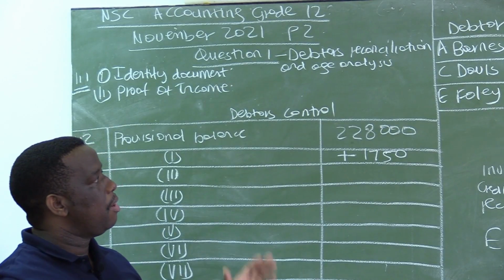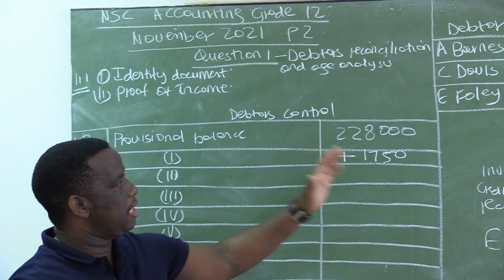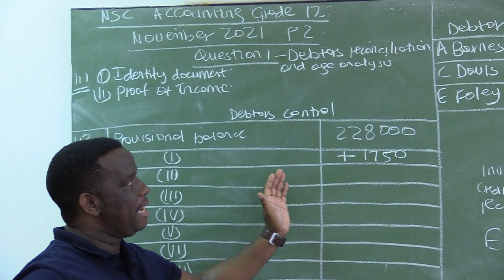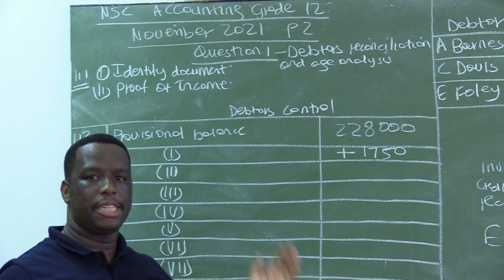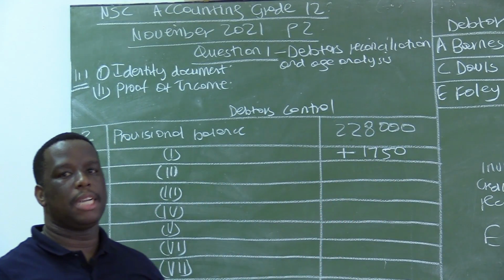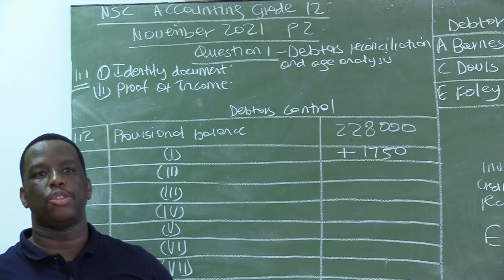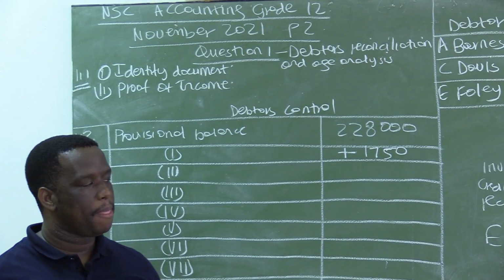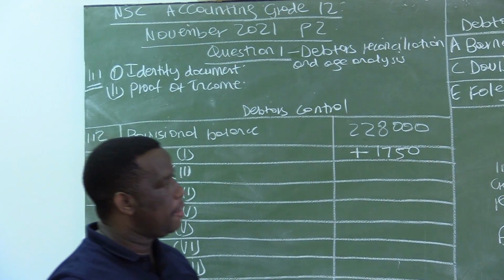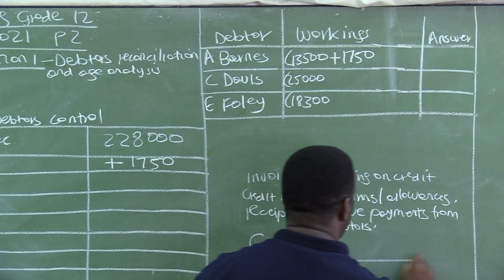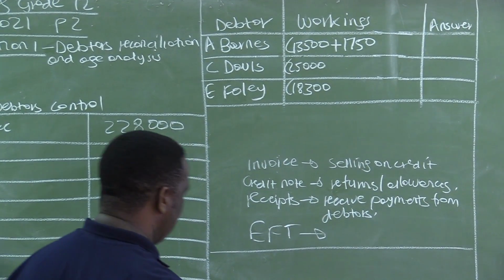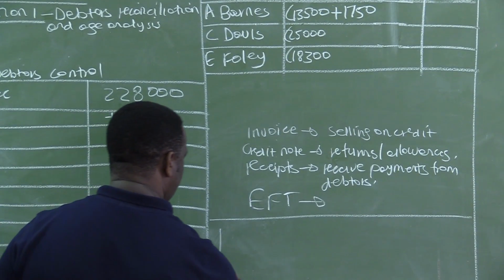All this information recorded in the general ledger and in the debtors ledger is taken from the subsidiary journals. So if the transaction is telling us that this was not recorded at all, it means that, if I can just draw a table which will help one understand, we have our journals.